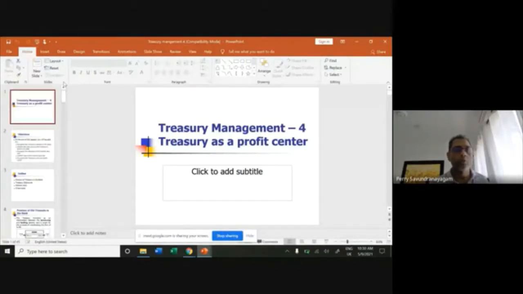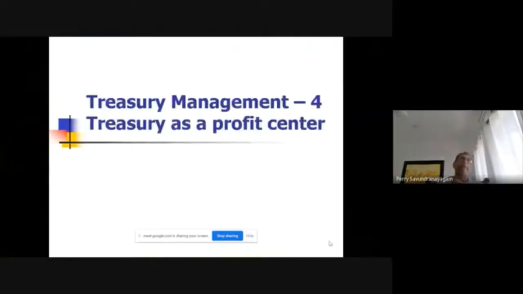Okay, so Treasury as a profit center. At the start of our sessions on treasury management, we spoke of the concept of treasury being a profit center, not a cost center to the bank.